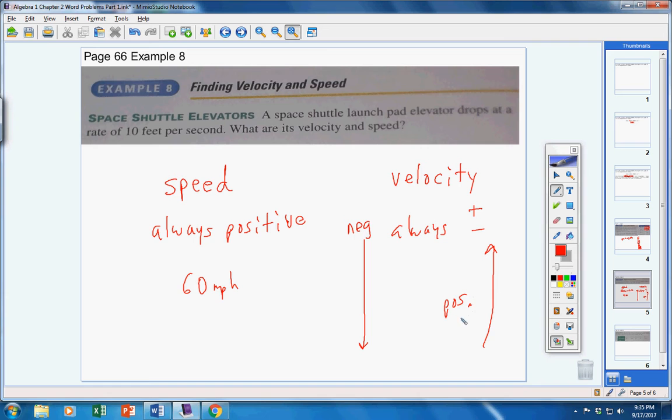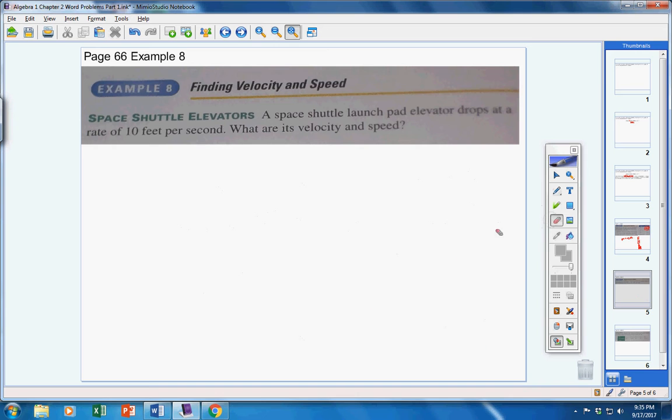Got it? Take good notes on this. Pay attention, okay? Now, why is that important? Because there are some models we use in math in which the model calls for velocity. And when you substitute the number in, if you don't put the correct sign, positive or negative, then you will get out the incorrect answer. Okay? So, they're asking us, what is the velocity?